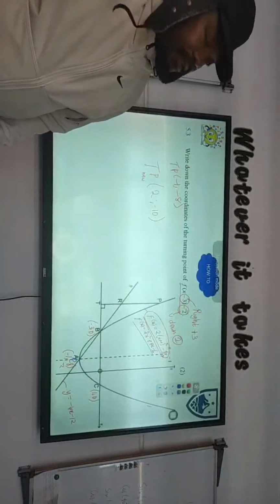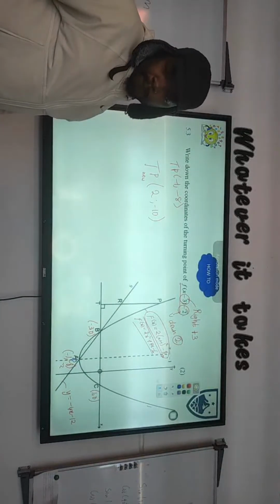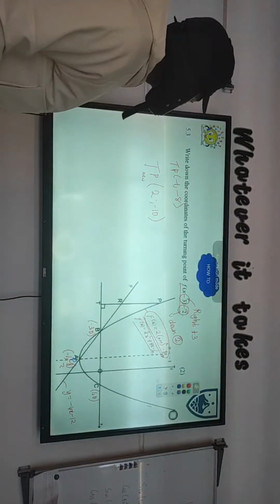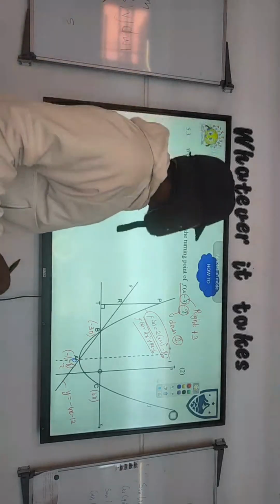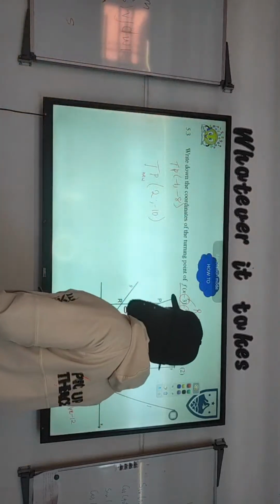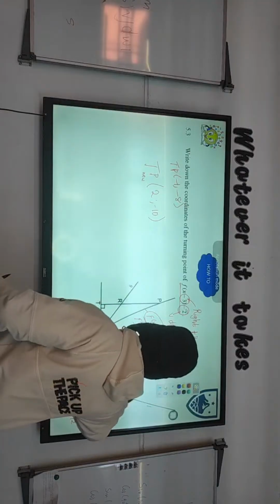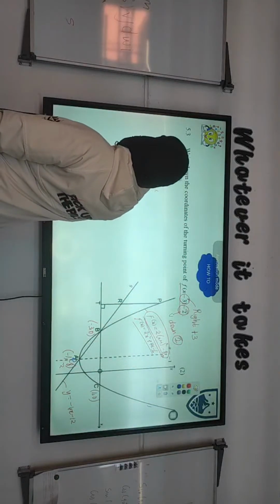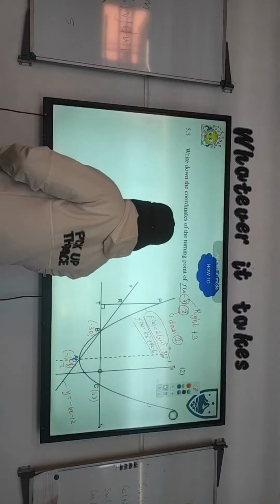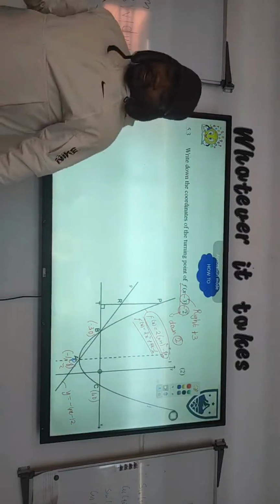And then let me write down this problem so I don't have to redraw the coordinates.